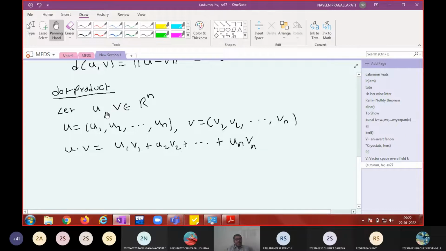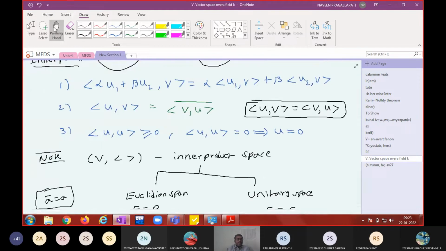Okay, now this dot product induces an inner product. So if I define the inner product of u comma v as u dot v, this dot product will satisfy all the properties we considered earlier.